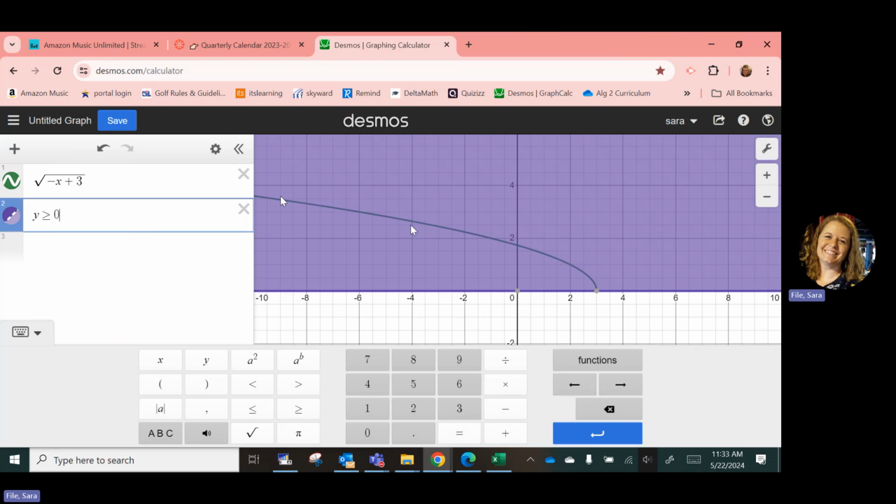Yes, it does. So that confirms that my range is correct. So that's a little trick to check your domain and range with inequality notation that I just learned about. Desmos will just highlight that domain or range for you, and you can confirm that your graph falls in that domain and range.